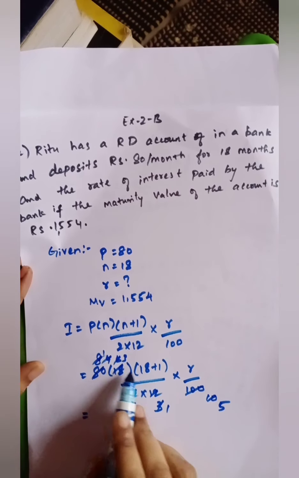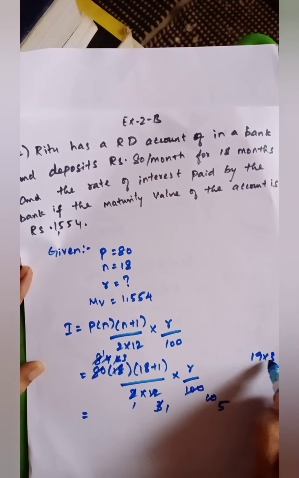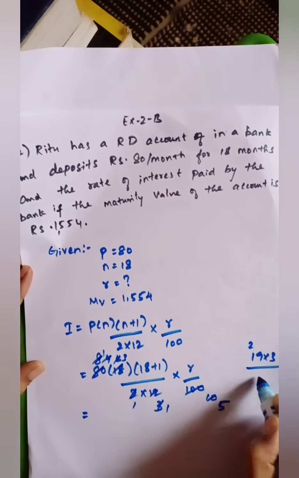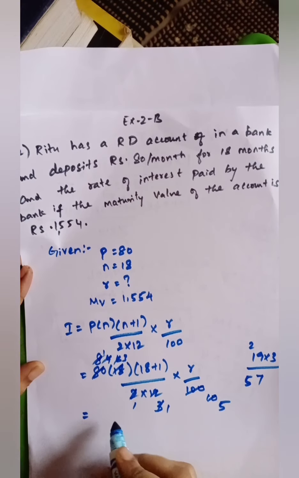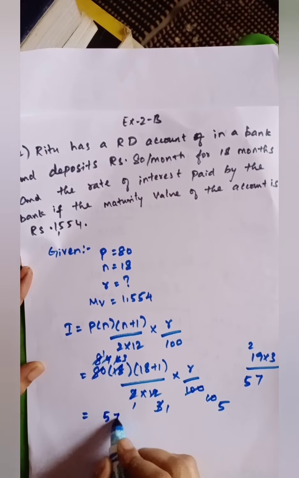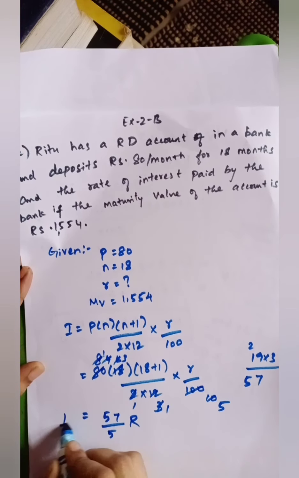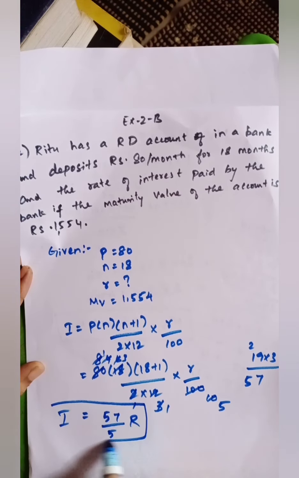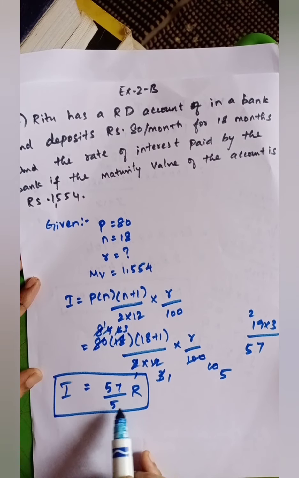Now 3 into 19: 9 3s are 27, 3 1s are 3, so 57. So I equal to 57 divided by 5 R.